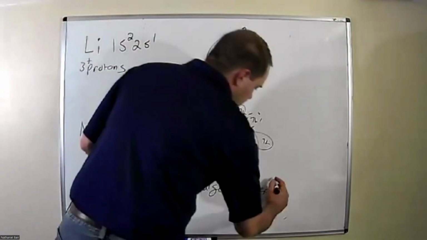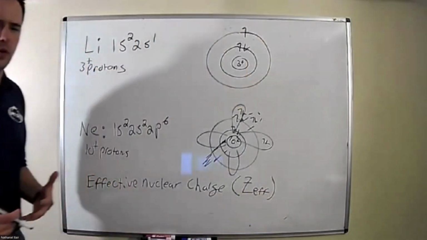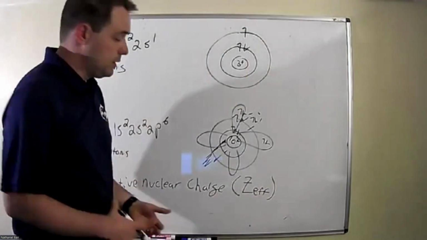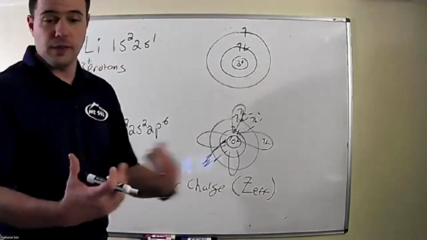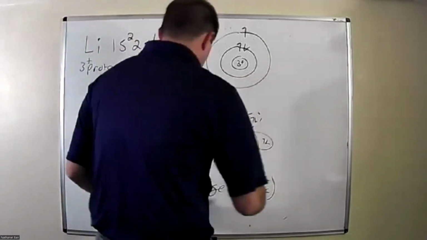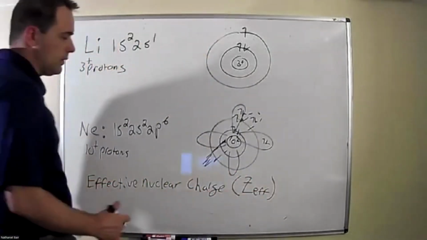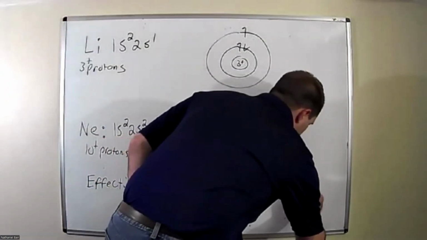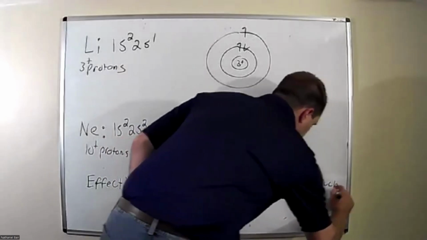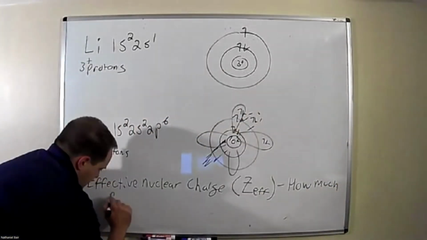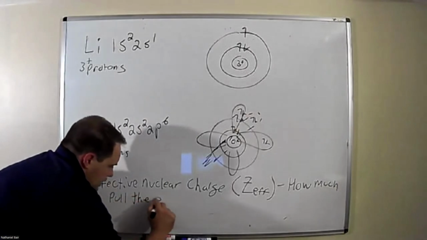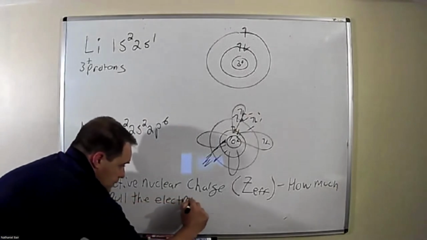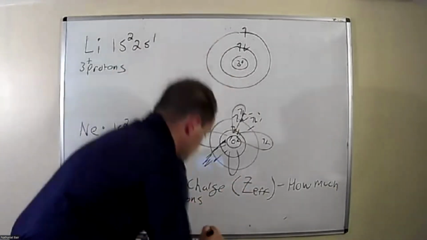Okay, Z is the German abbreviation for atomic number or protons. So this is the effective number of protons that the electrons are feeling. So the effective nuclear charge, Z effective, is how much pull the electrons are feeling.